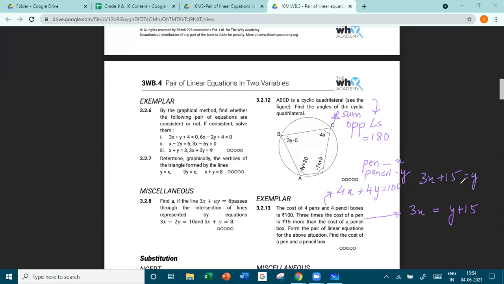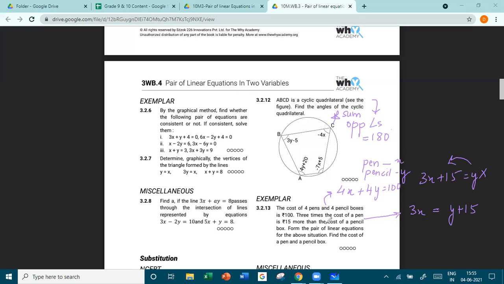This equation translates to the pencil box being 3 times the cost of a pen and 15 more than that. If we had given you information in terms of the pencil box, then this would be the correct answer.